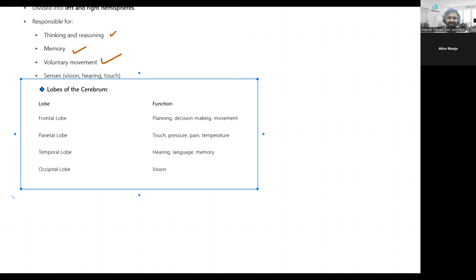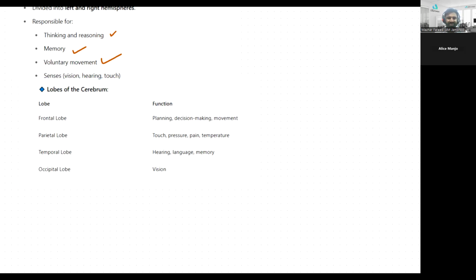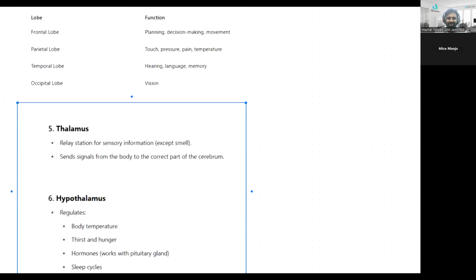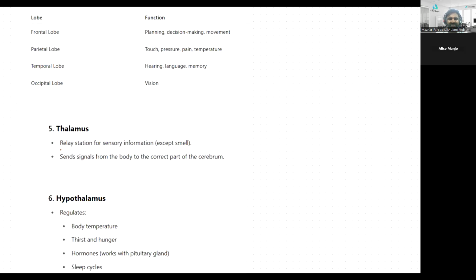After the cerebrum, there are other portions of the forebrain like the thalamus and hypothalamus. The thalamus is the gatekeeper of the brain. It controls the information that goes to the main portion of the brain. We can say it is the relay center for sensory information except smell.